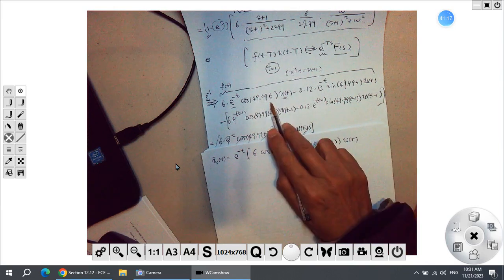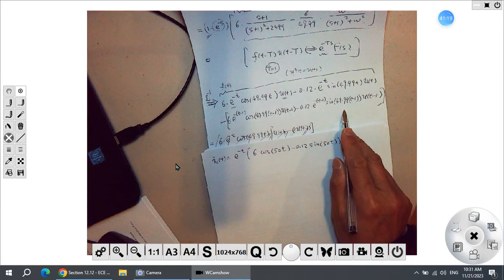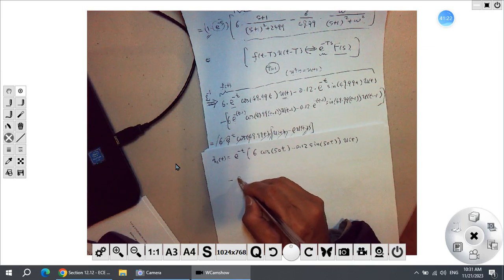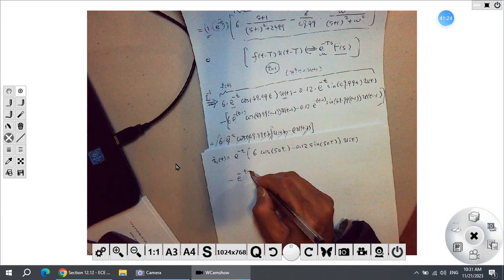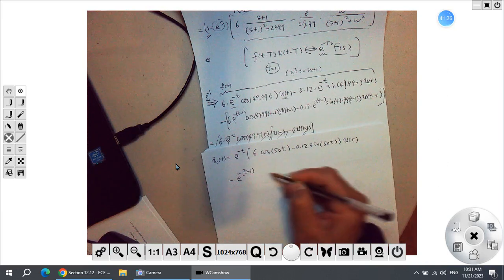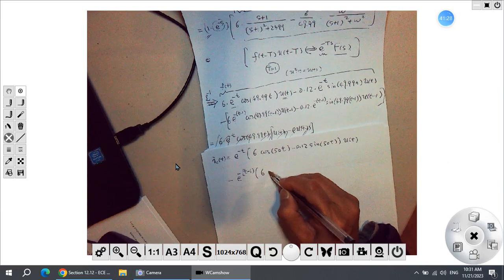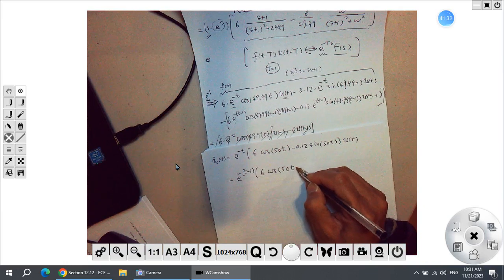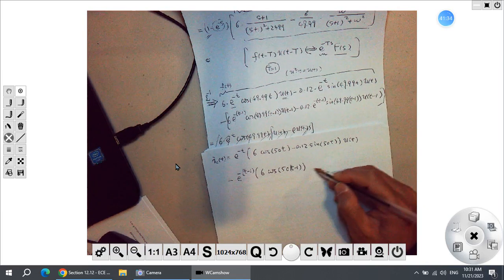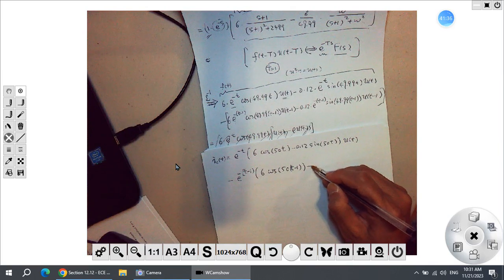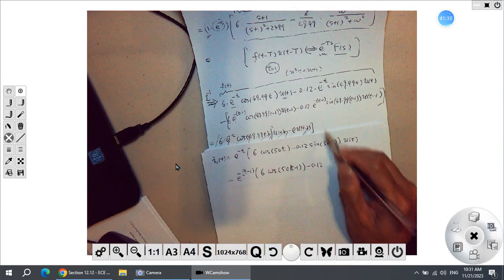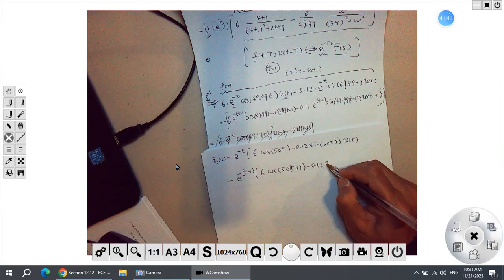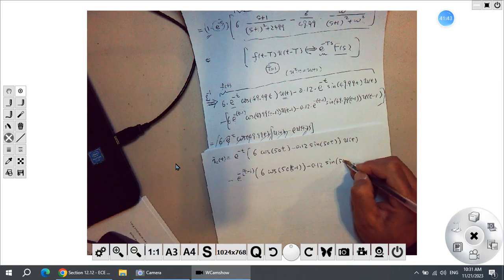These two terms. And this second one, minus e to the negative (t minus 1) and 6 cosine 50(t minus 1), and minus 0.12. This one moved to the front. This is a sine of 50(t minus 1).